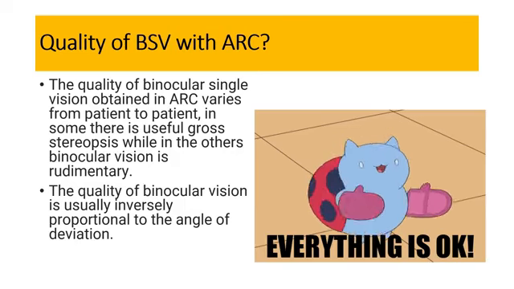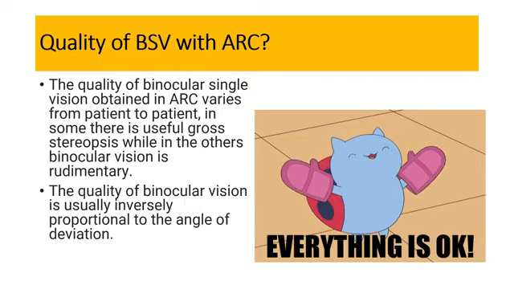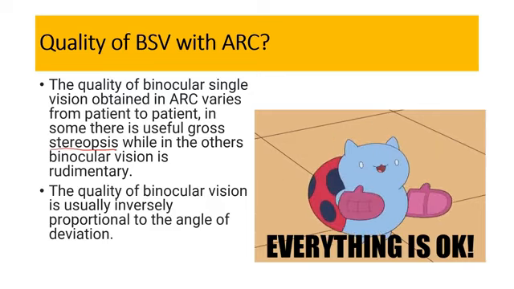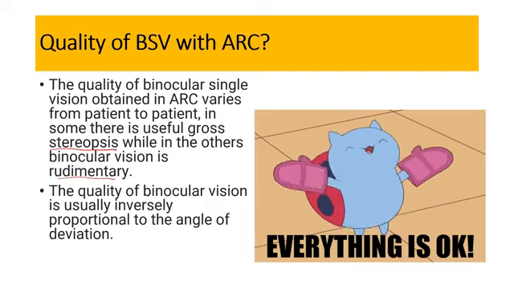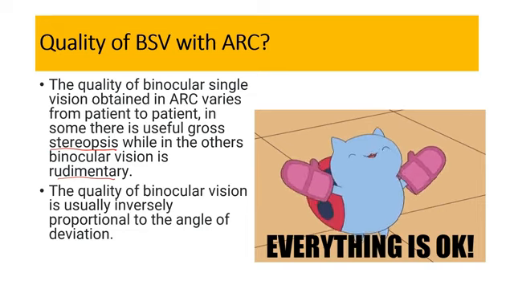Now, what about the quality of BSV? The quality of binocular single vision with abnormal retinal correspondence actually varies. Sometimes you can have really good stereopsis, and sometimes the binocular vision is not very useful, right? However, the quality of the binocular single vision that a patient enjoys with the ARC depends upon the angle of deviation.